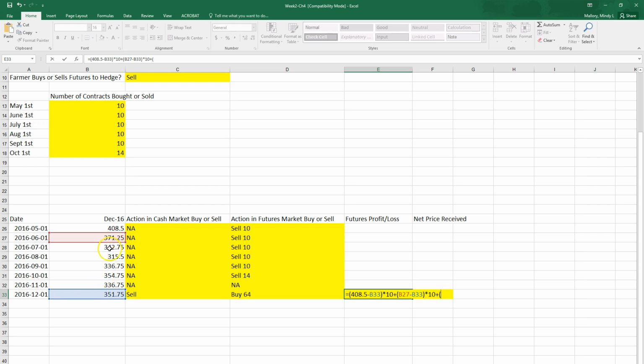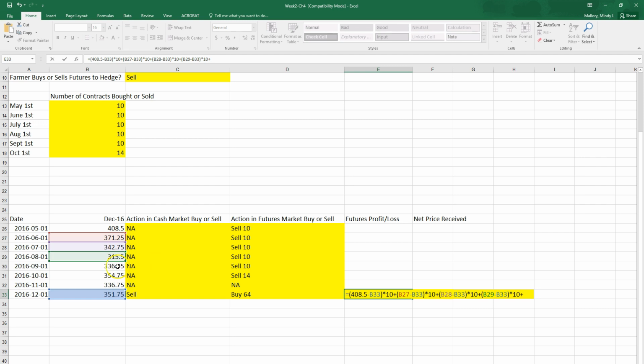Now in July, I sold for this price, bought it back in December for this price. Also 10 contracts. Plus in August, I sold this price minus price in December. Also 10 contracts.